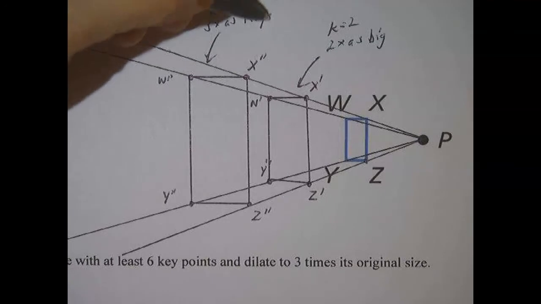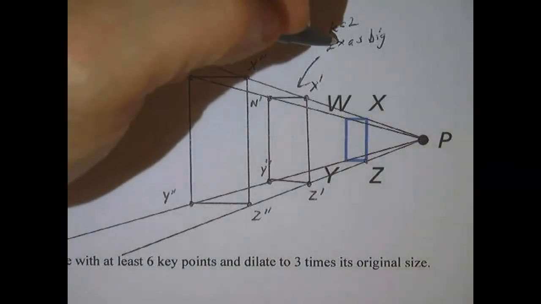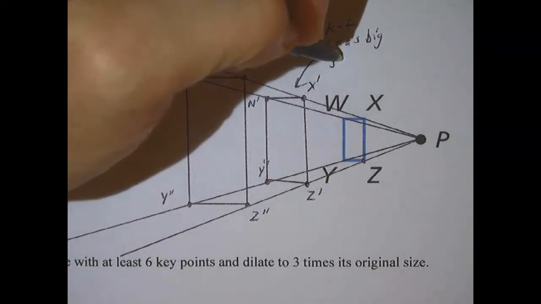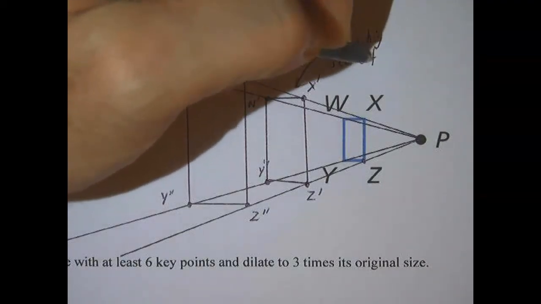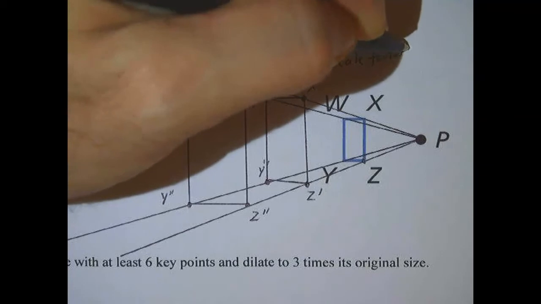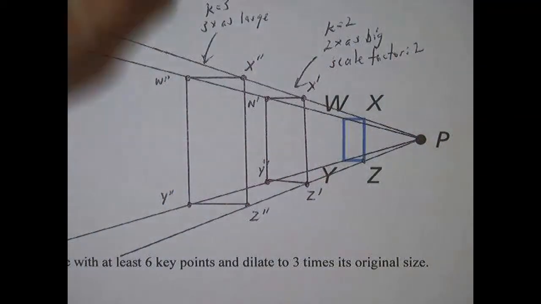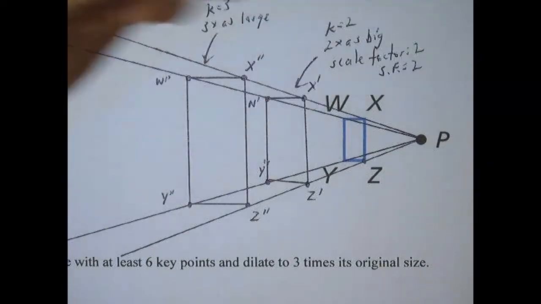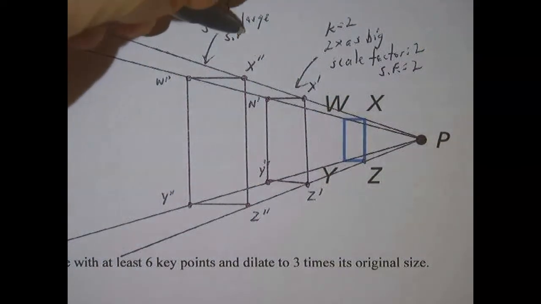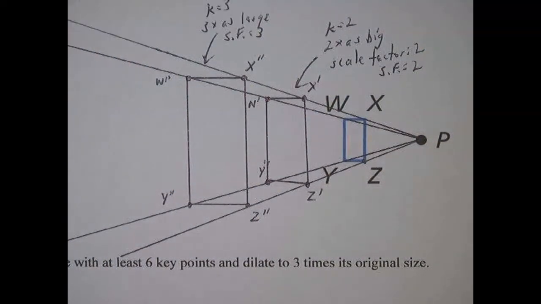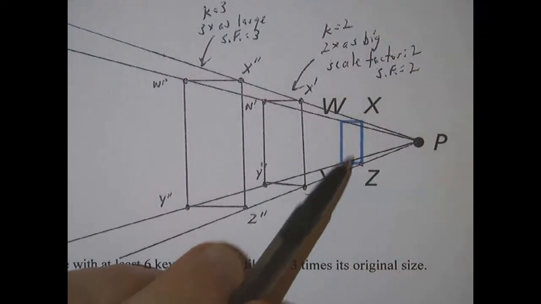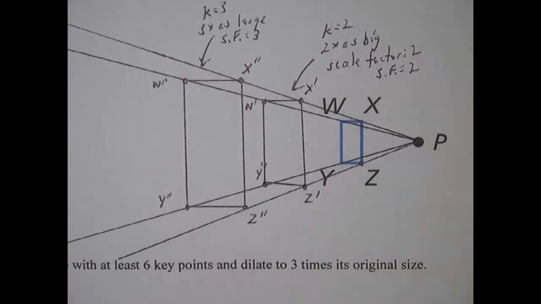I think I'll just write the word just so we can be clear. 2 times as large, 2 times as big, same thing. Means scale factor is 2. And this one, we'll call that SF, is 2. This one has a scale factor of 3. 3 times as big as the original blue here, the bigger font, the thicker line here, the pre-image.